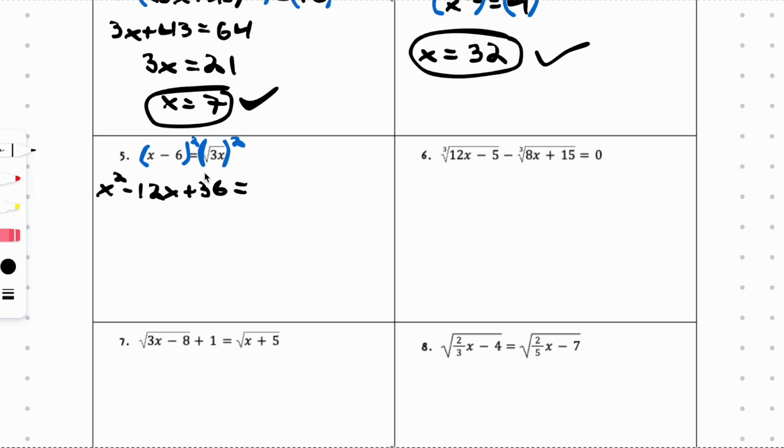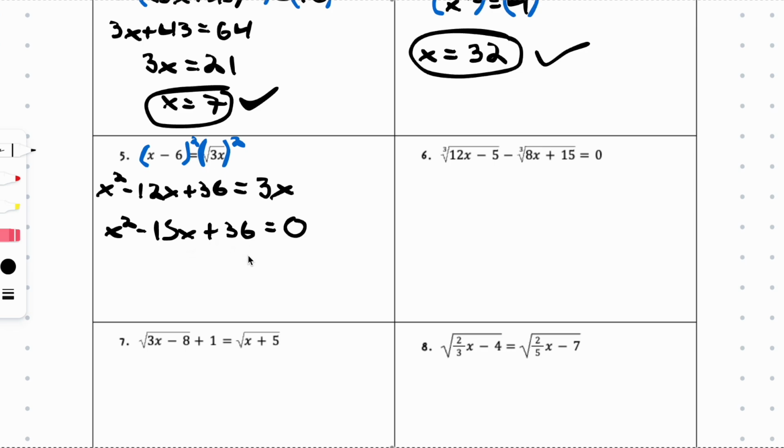And when we square this side, we just get rid of the radical, so we get 3x. Now we want to move 3x to the other side, so we're going to do x squared minus 15x plus 36 equals 0.